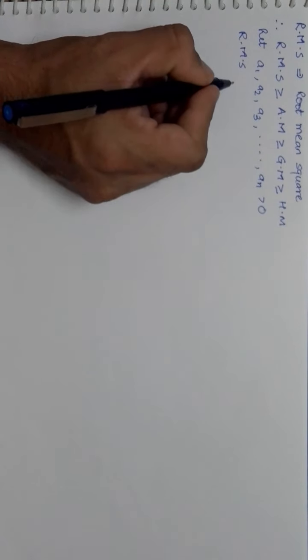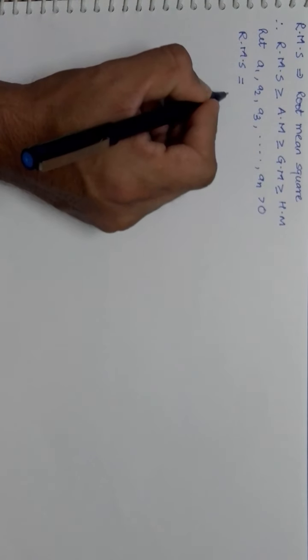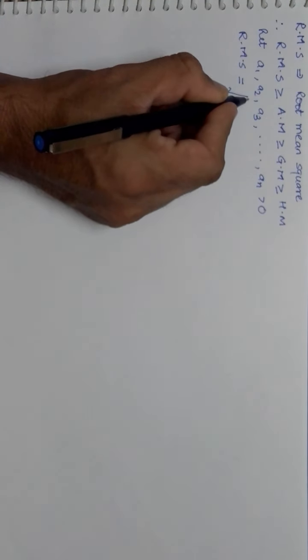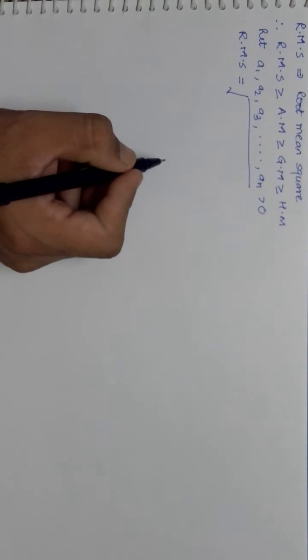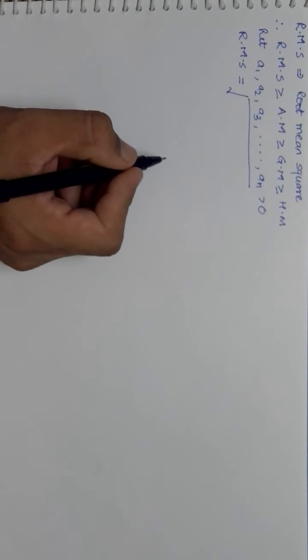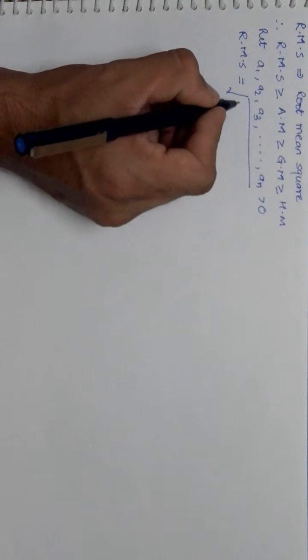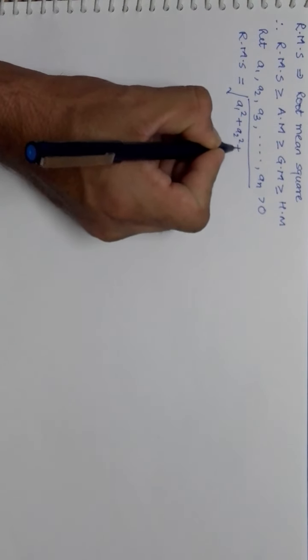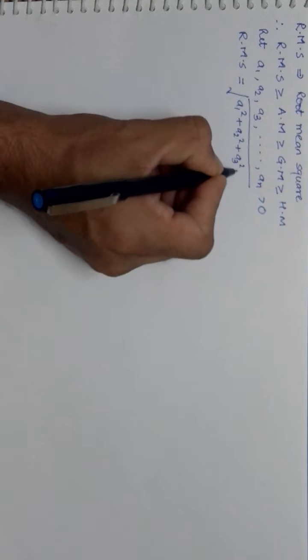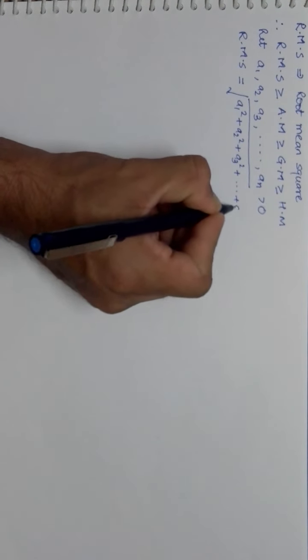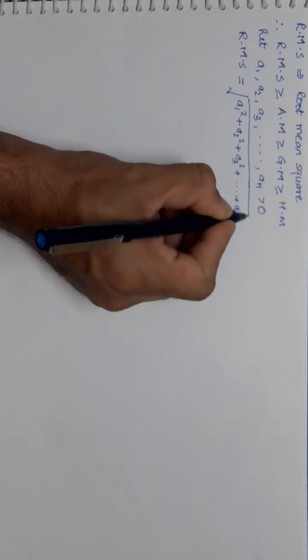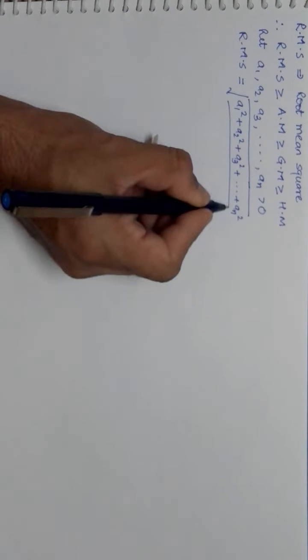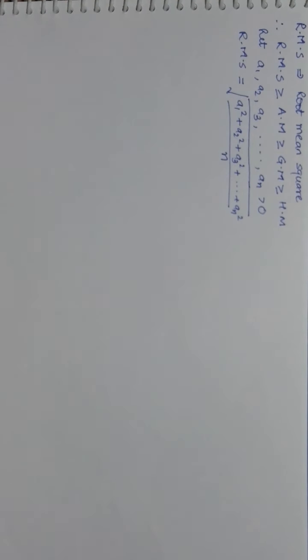The word says root mean square, that means the average of squares of the numbers. That means A1 square plus A2 square plus A3 square up to AN square, divided by the number of terms, that is n.